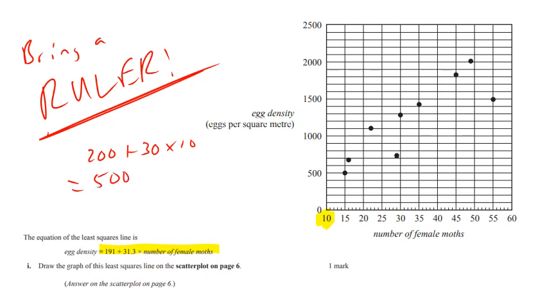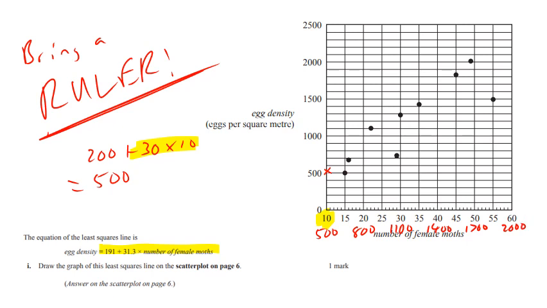So roughly, our first point, x equals 10, is y equals 500. And this also means for about every 10, you're going up 300. So if we start here at 500, then 20 would be 800, and 30 would be 1,100, and 40 1,400, and 50 1,700, and 60 would be 2,000. Look, nice numbers.